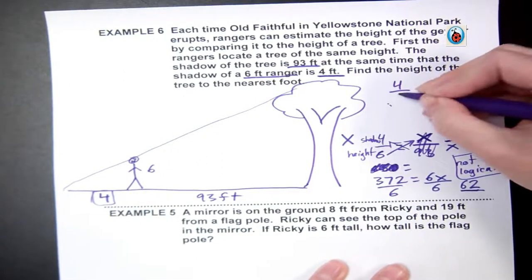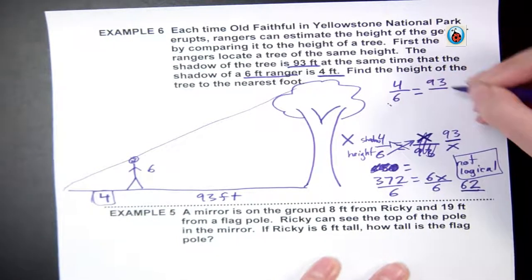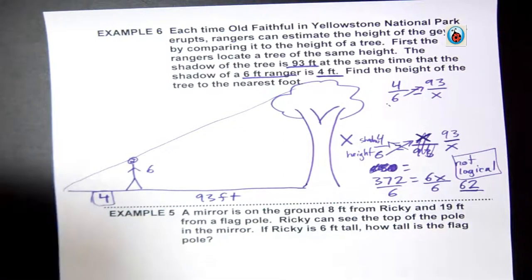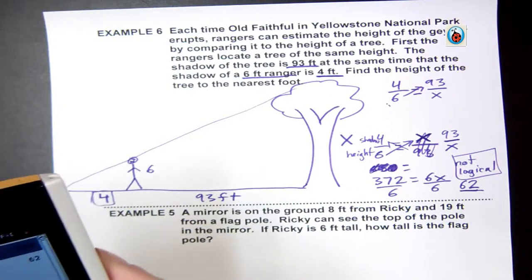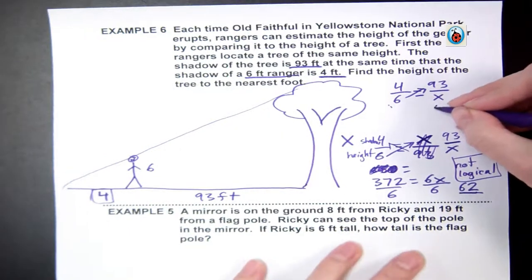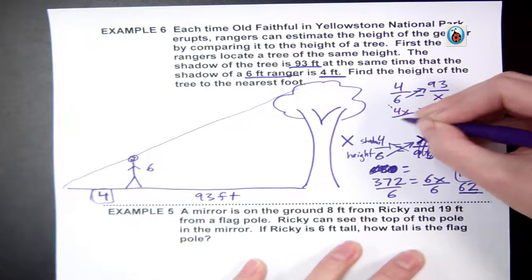So I have 4 over 6, my shadow on top, 93 over x. Now when I cross multiply, I get 6 times 93, which is 558, equals 4x.